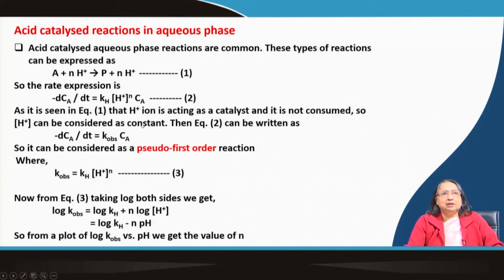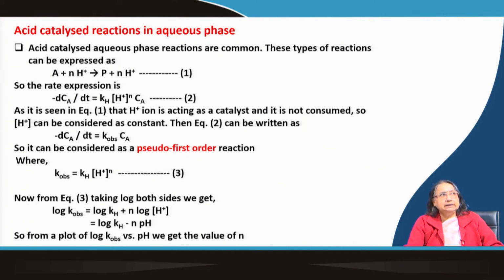So, H+ can be considered constant, then equation 2 can be written as this one. This one and this one can be combined and this is K observed. So, it can be considered a pseudo first order reaction.